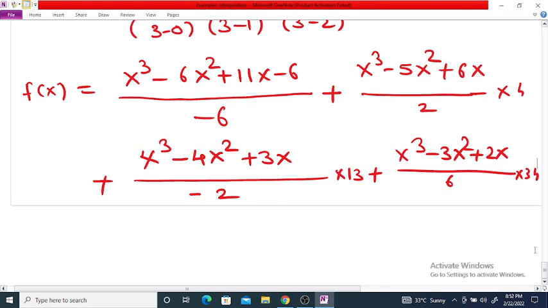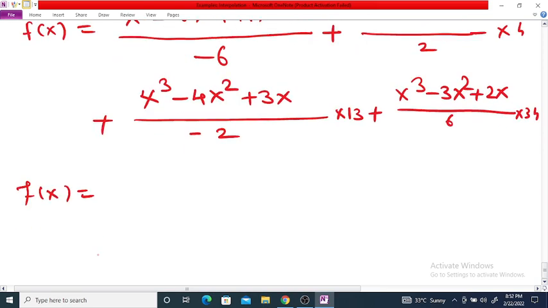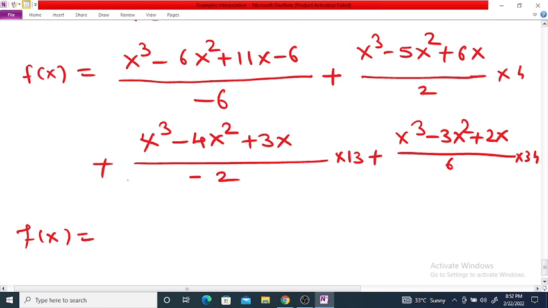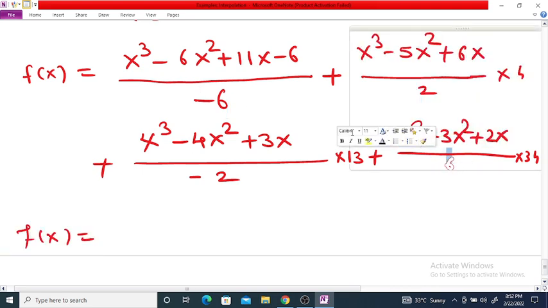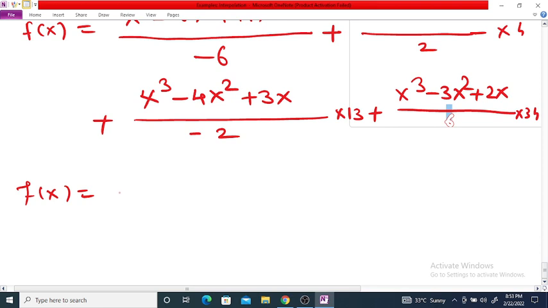So now again if we simplify this, taking the LCM, the denominators of two terms are the same, with only a minus sign difference. So if you simplify, we get the final answer: f of x is equal to x cube plus 2x plus 1.